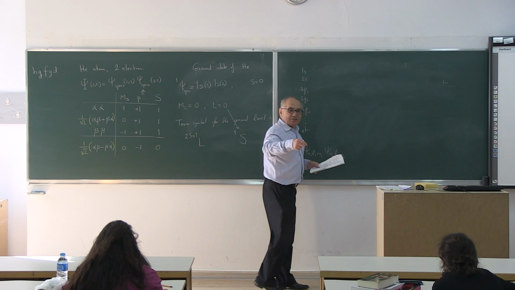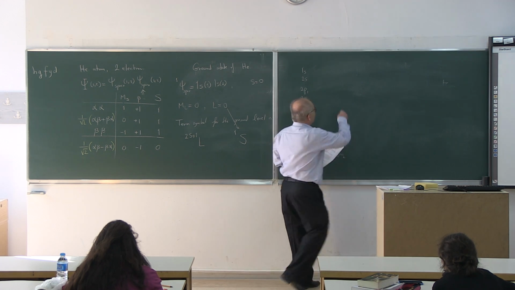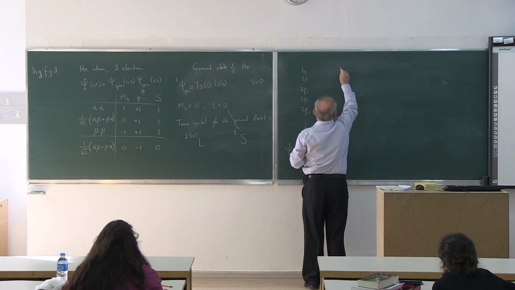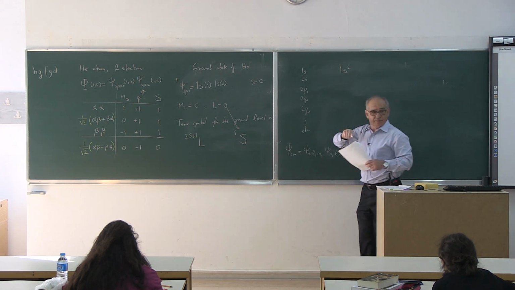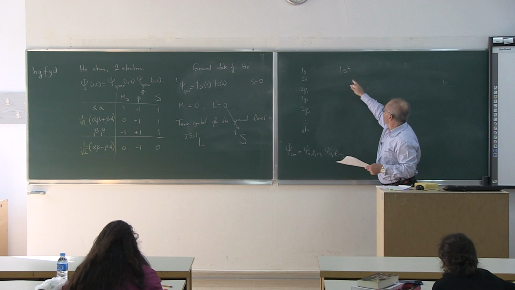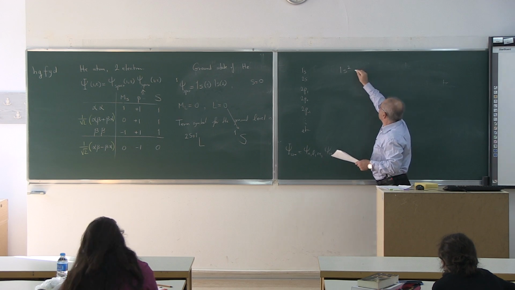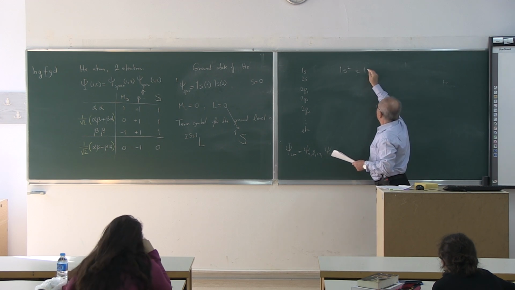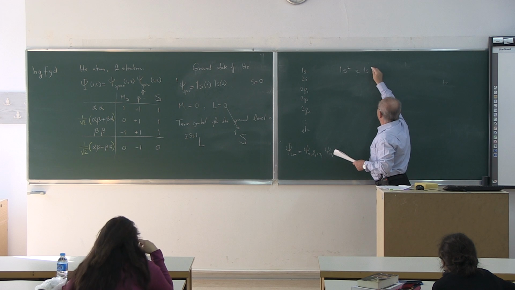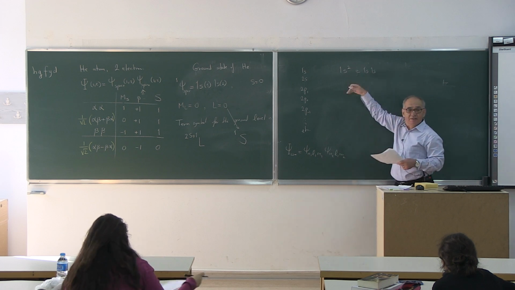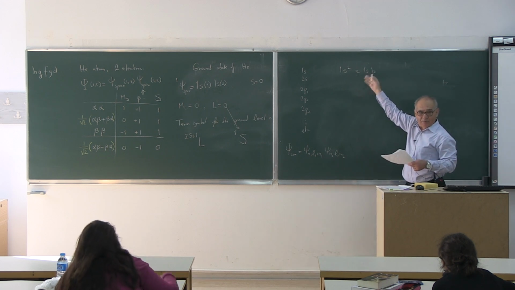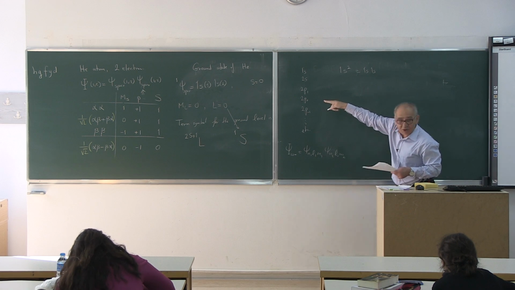We show this selection of orbitals in the product by the notation 1s2. 1s2 means 1s for the first electron and 1s for the second electron in a product, 1s times 1s, what you see over there.